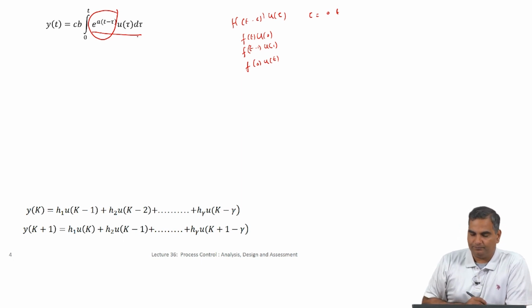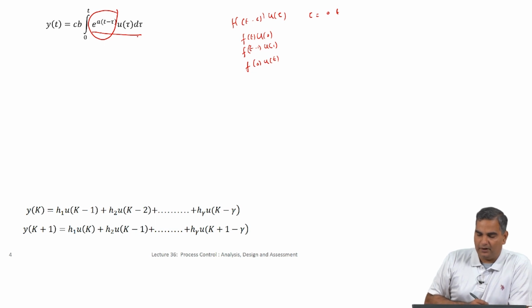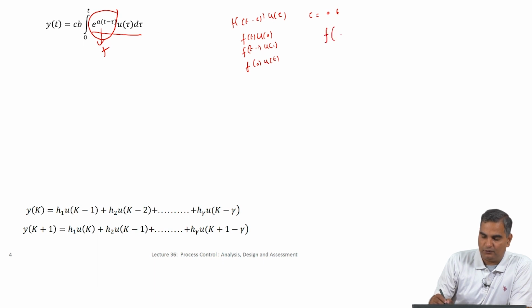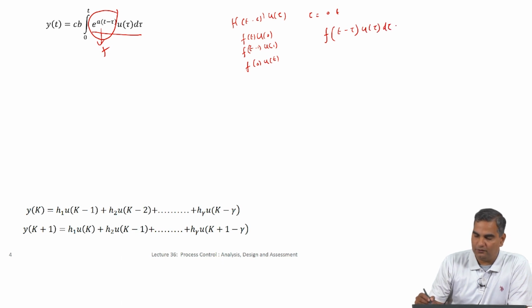Okay. So, what this says is the following. Let us say you are looking at this multiplication, and I am calling it f. We are looking at f, which takes as argument t minus tau, and then u of tau d tau, and clearly tau goes from 0 to t. Let me repeat this.